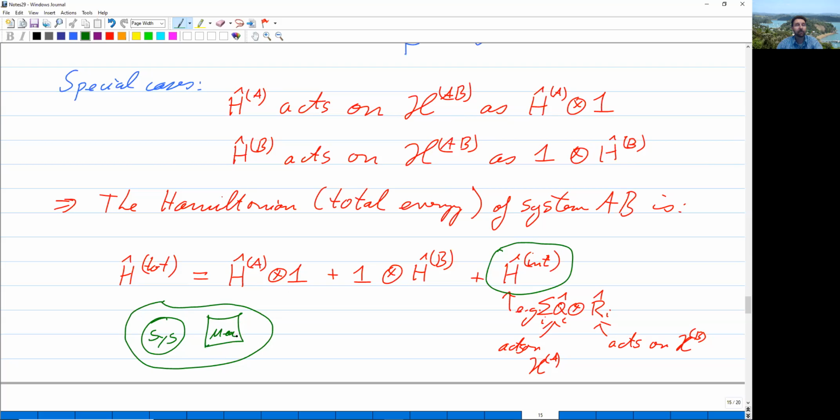Then, as the time evolution progresses, the state stays a pure state because we don't measure anything from the outside. It's a closed system, right? It always stays a pure state. But when the interaction kicks in, that pure state evolves continuously into an entangled state.